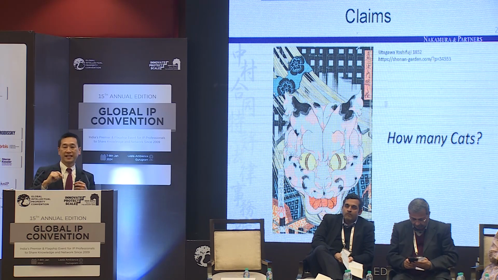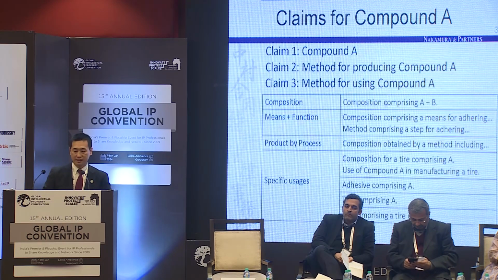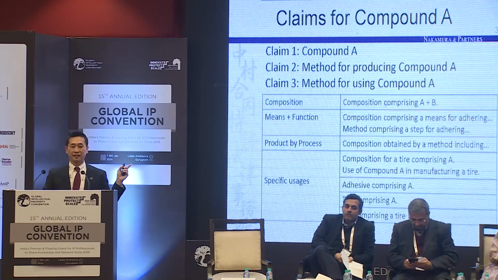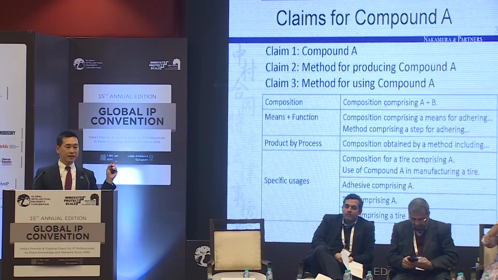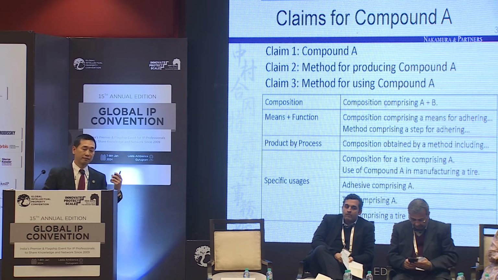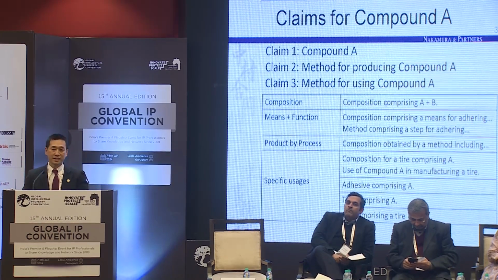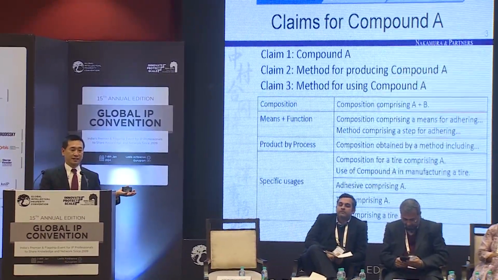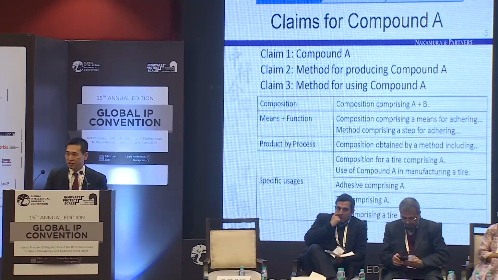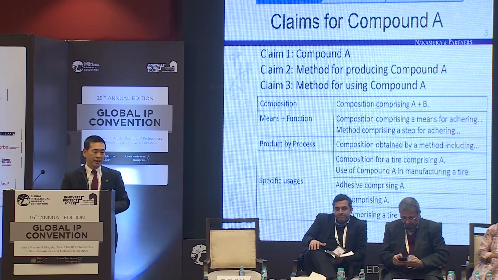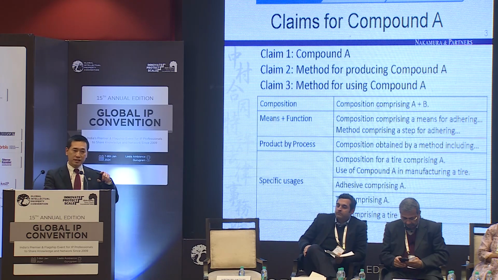So we need to write down various kinds of claims. Usually the invention is a compound A. So we first claim the compound A, of course. And we also write down the method for producing compound A. But there is some variety of claims, like means plus function claims or product-by-process claims.